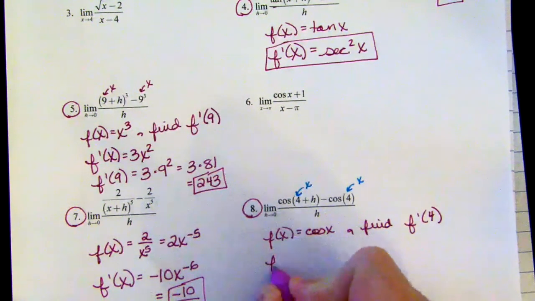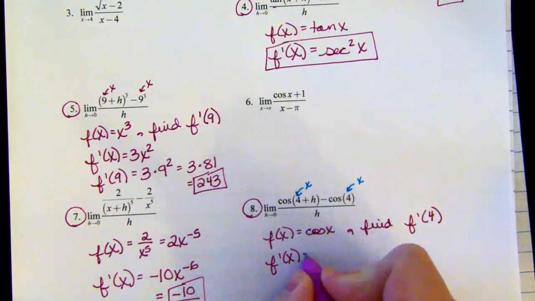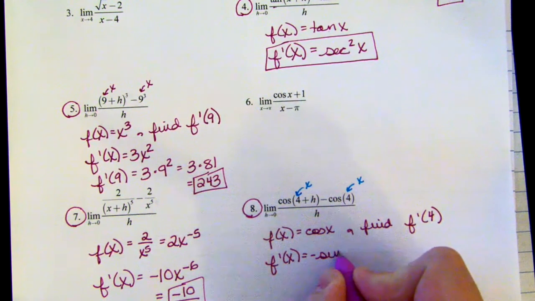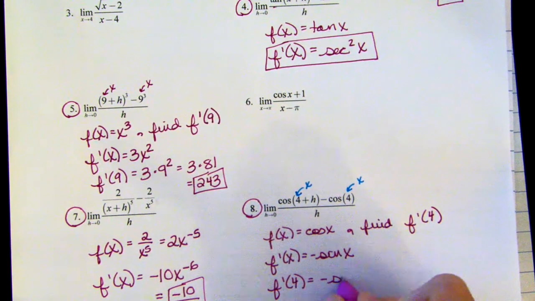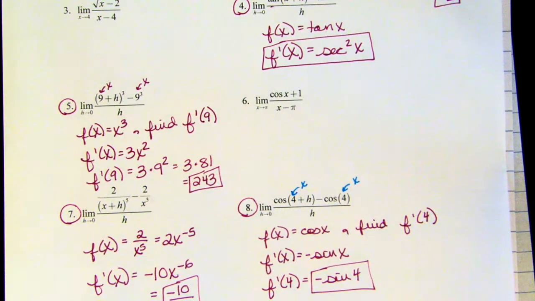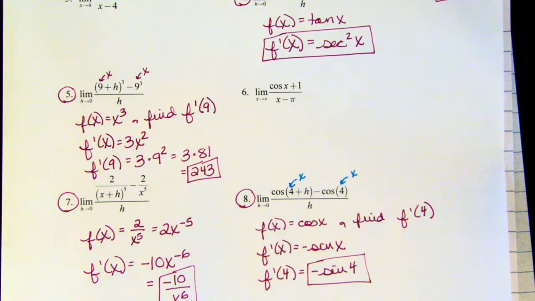Okay, well, f prime of x is going to equal negative sine x. So f prime of 4 is going to equal negative sine 4. It's not a great angle from around the unit circle, so I'm just going to leave my answer like that, negative sine of 4.